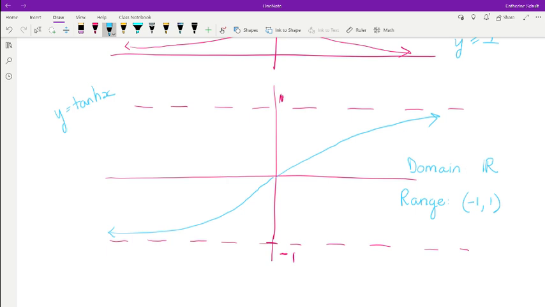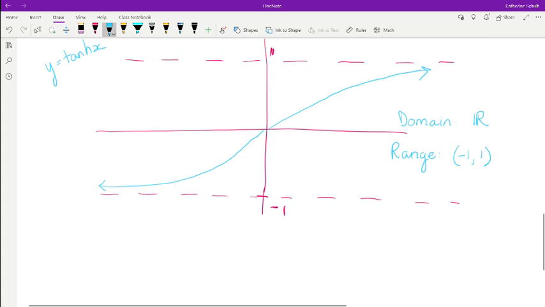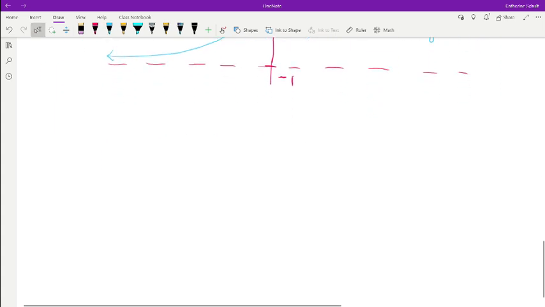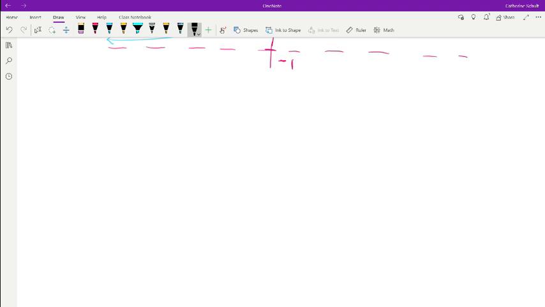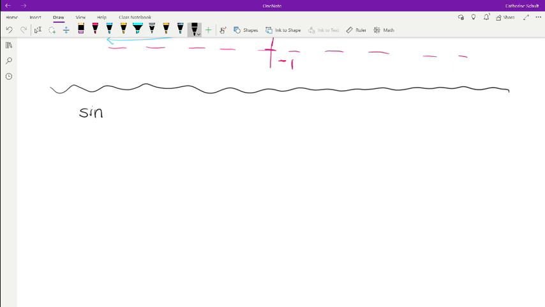So a nice little introduction to our hyperbolic functions. And then just like our trig functions, there's properties, identities, if you will. So a couple of things arise from the fact that they're even and odd functions. If you remember, for odd functions, if you plug in a negative x, you get back the negative y.